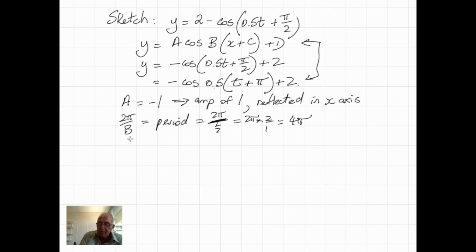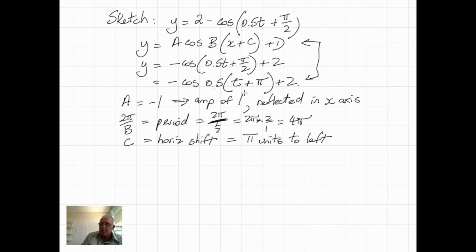My C value is the horizontal shift. We've got plus pi, so it'll be pi units. If it is positive, we go to the left.